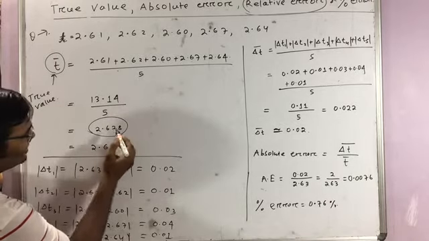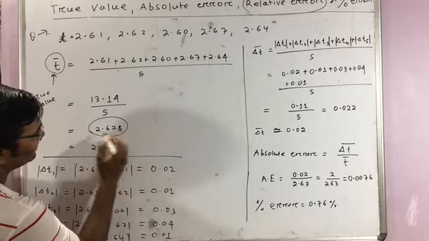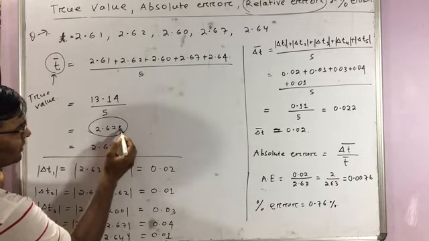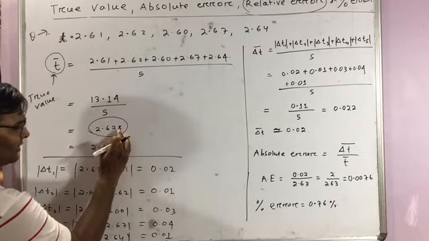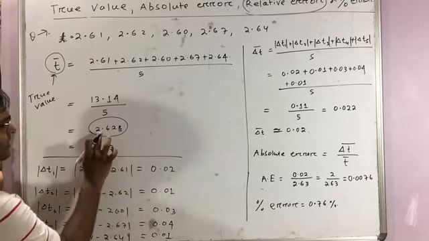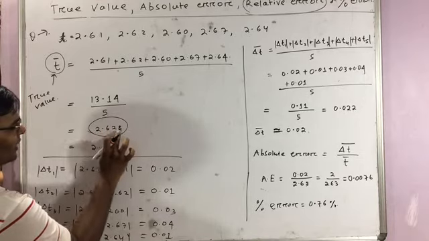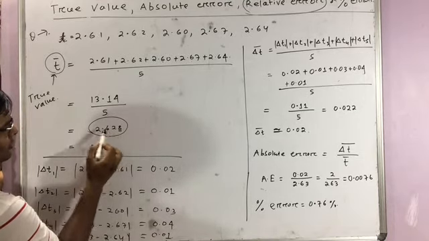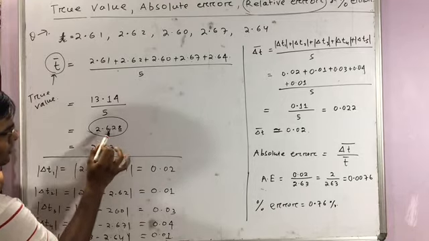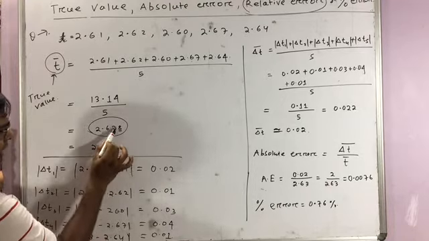There is a rounding rule. You see the last digit. If the last digit is greater than 5, then add 1 to the previous digit. So here 2.628, 8 is greater than 5, so I have added 1 to the previous number, which is 2, so it becomes 3.